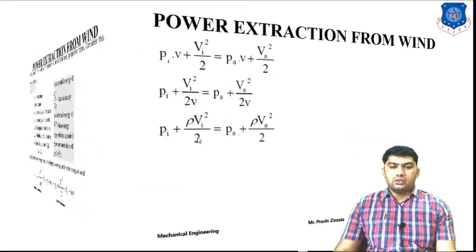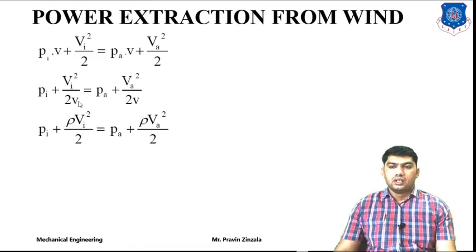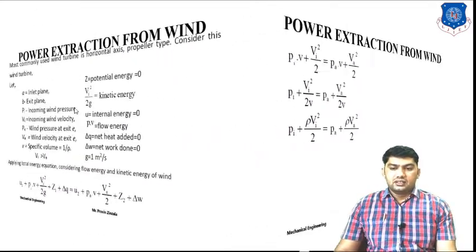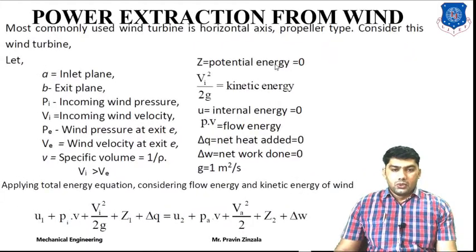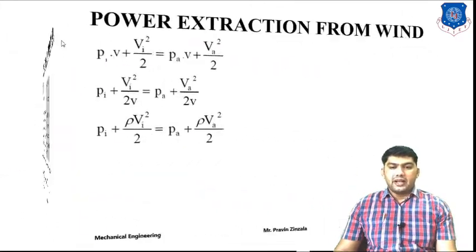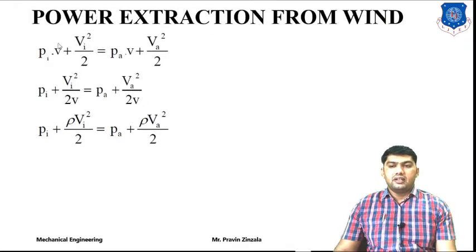In this equation we are considering potential energy is equal to 0, internal energy is equal to 0, delta Q and delta W is equal to 0. So our final equation will be PiV meaning flow energy at the incoming side, plus kinetic energy at the incoming side, is equal to flow energy at the inlet of the blade plus kinetic energy at the inlet plane.